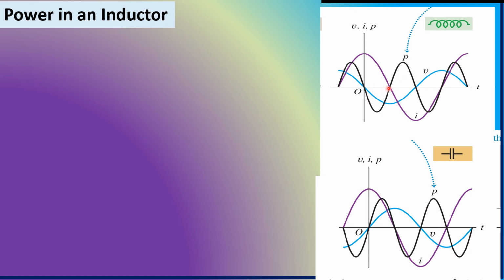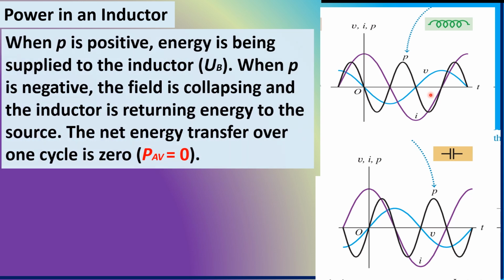It is positive half the time, all right, and negative the other half. So we say that the average power is equal to 0. And when the power is positive, we say that the energy is being supplied to set up the magnetic field in the inductor, right?